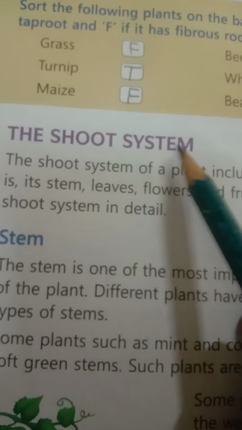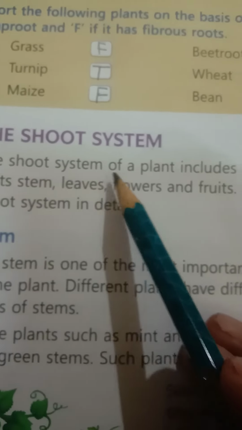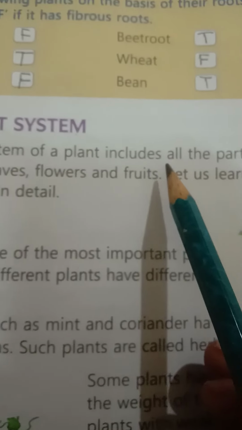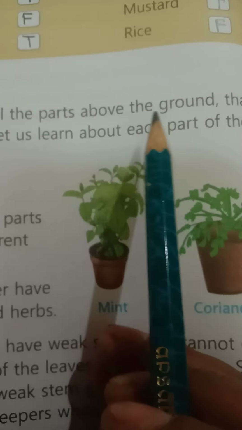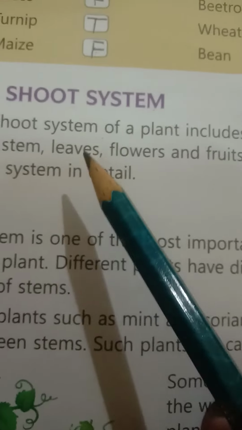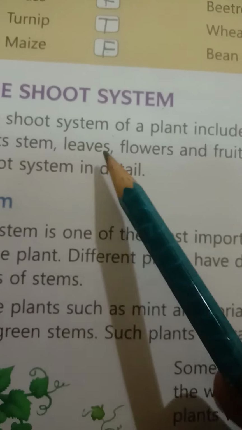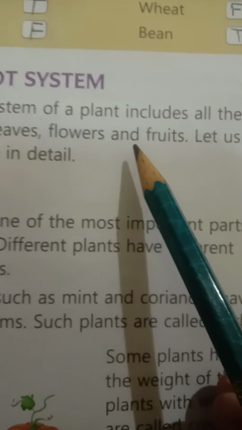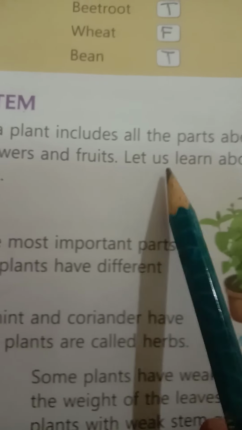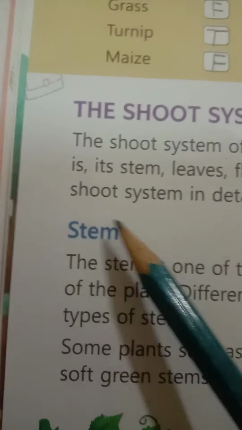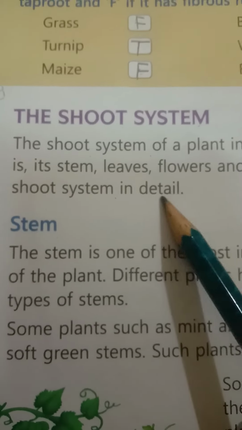The shoot system of a plant includes all the parts above the ground, that is its stem, leaves, flowers and fruits. Let us learn about each part of the shoot system in detail.